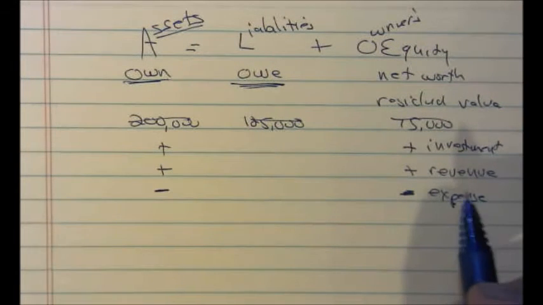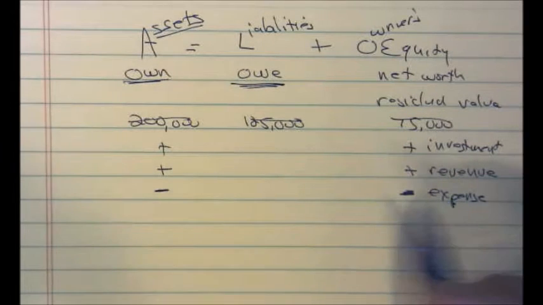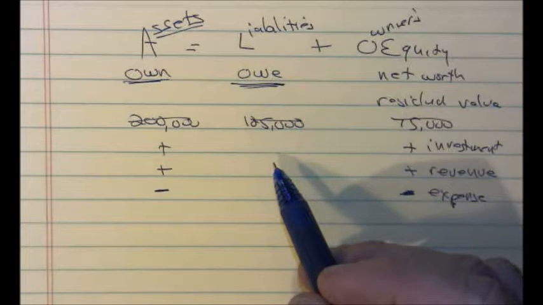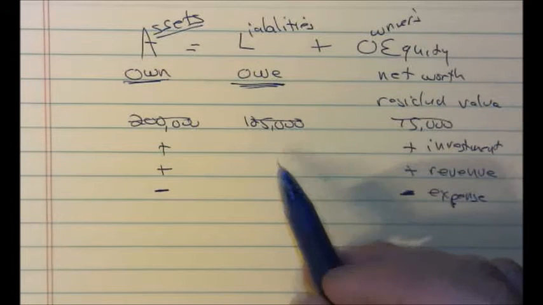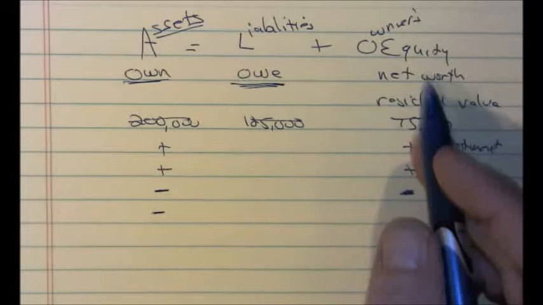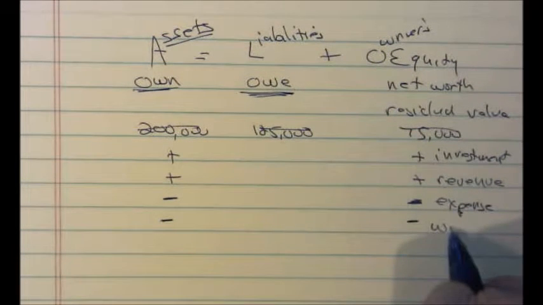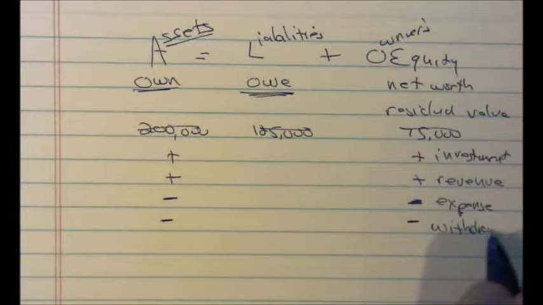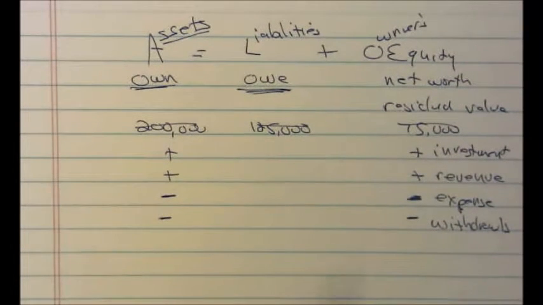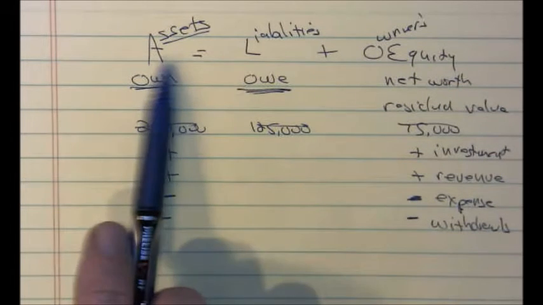Now, other thing that can happen is the owner puts money in the business when he starts it, but he would like at some point to be able to take some money back out of that business, right? So if he's taking money out of the business, what happens? Assets go down and the value of the business goes down. We call that, by the way, withdrawals, right? Withdrawals.